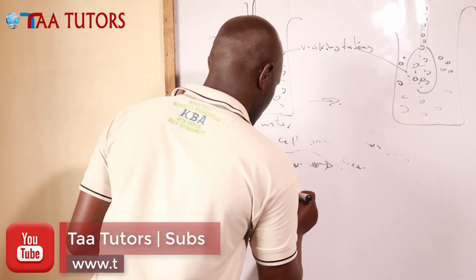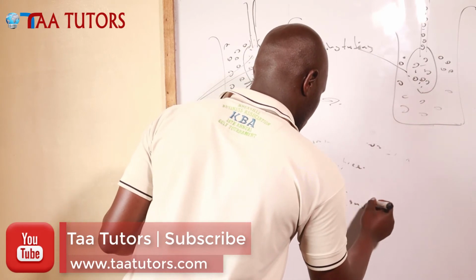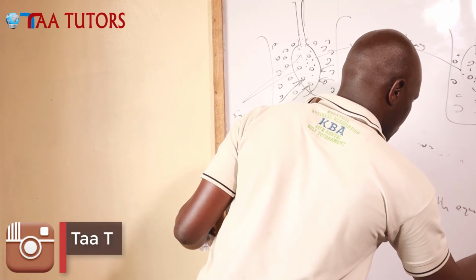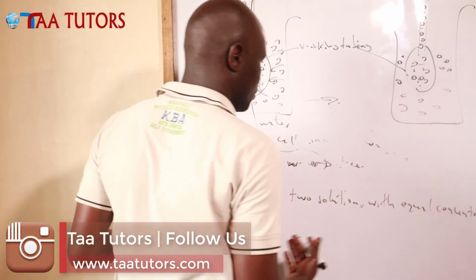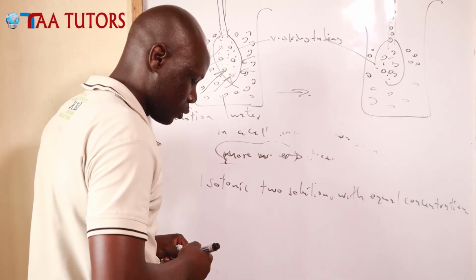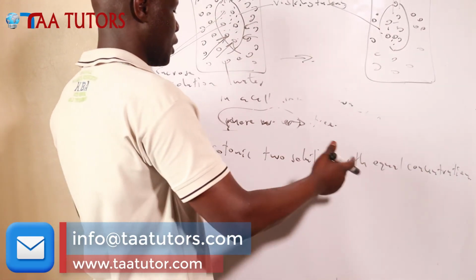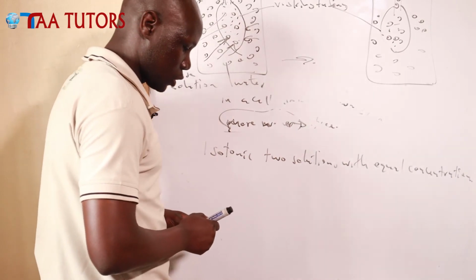These are two solutions with equal concentration. So the water molecules are balancing on each side. In this case there is no osmotic potential, there is no movement of water across this particular membrane, so that they can mix within one another because they have equal concentration.